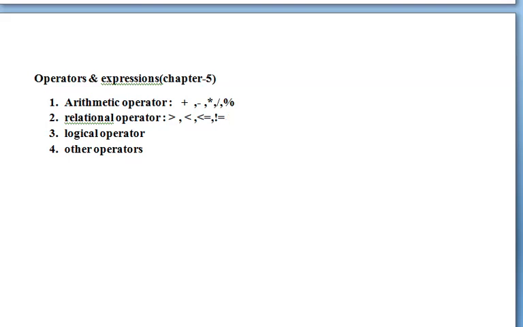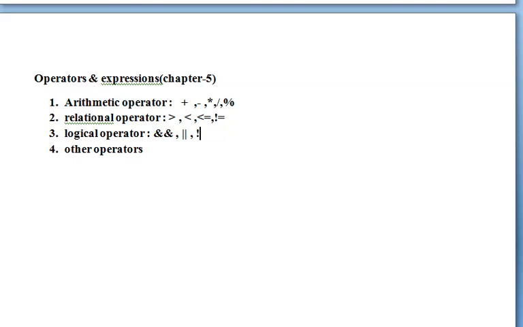That is the exclamatory sign and the equal to sign here. Next one is the logical operators. The logical operators help you to combine one relational expression with another relational expression, and there are three types of logical operators: and, represented by this, or, represented by a pipe sign, or the not operator, that is a single exclamatory sign.